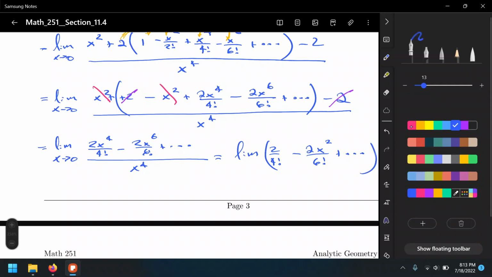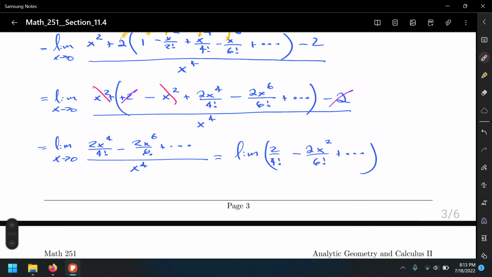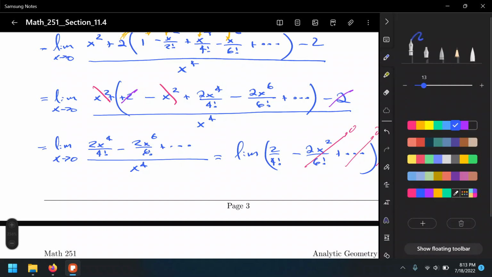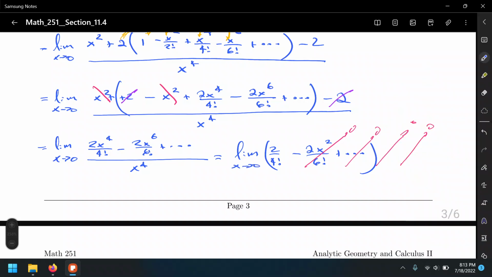Just like in the previous example, whatever term involves x is going to go to 0, because the limit that we're studying is as x approaches 0. So we're going to be left with 2 over 4 factorial, which is 2 over 24, which reduces to 1 over 12.